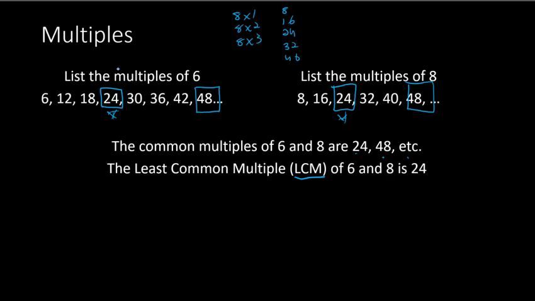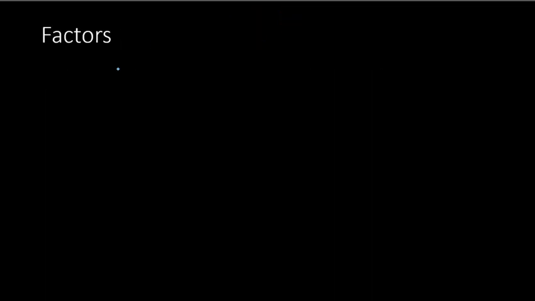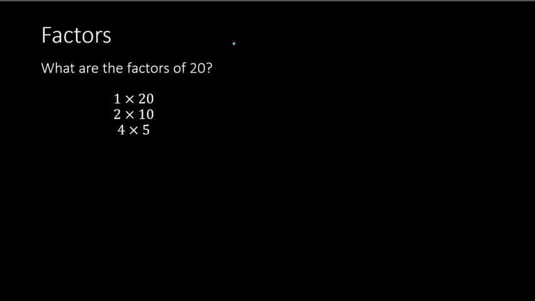So that is how multiples work. And then we have what's called factors. If I said, what are the factors of 20? What this means is what numbers would multiply to give you 20. So think through the number 20. What can we multiply together to equal 20? Well, 20 could equal 1 times 20, or 2 times 10, or 4 times 5.